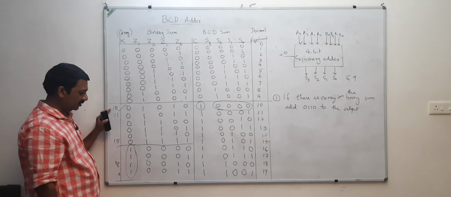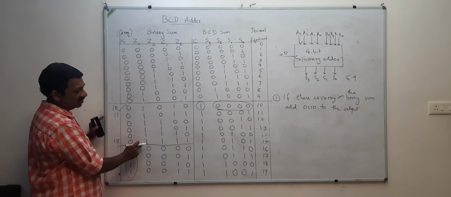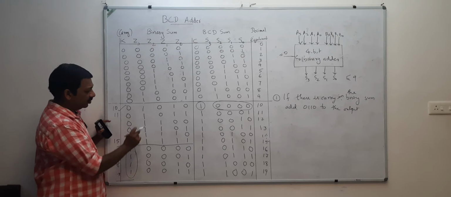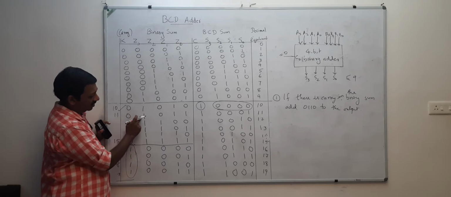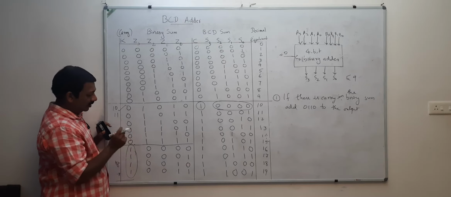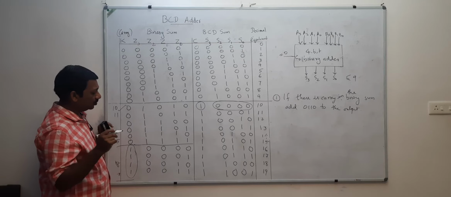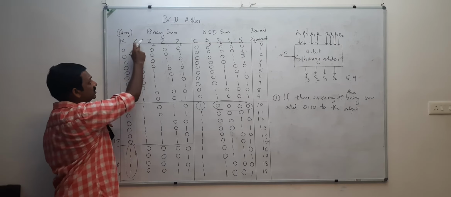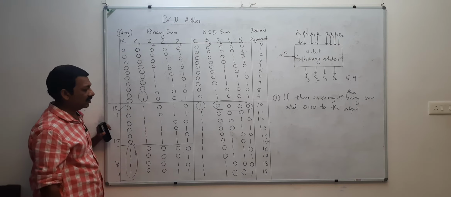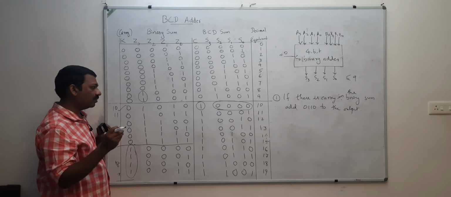Now, see these 6 partial sums or 6 binary sums. In all those cases, you have 1 here. But if you are adding 0, 1, 1, 0 to the result wherever Z3 is equal to 1, then here also that 0, 1, 1, 0 will be added.